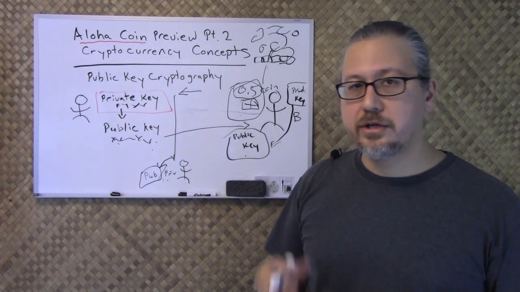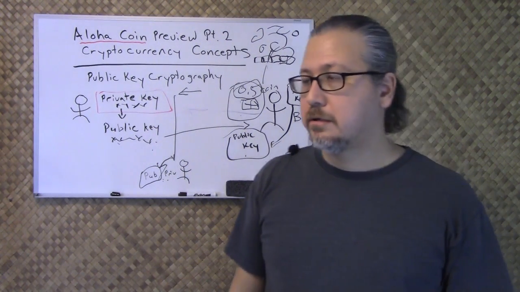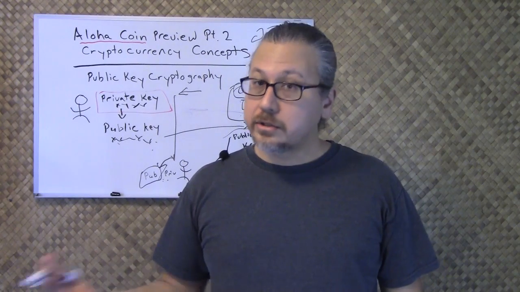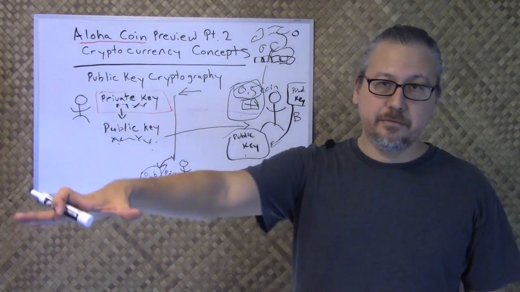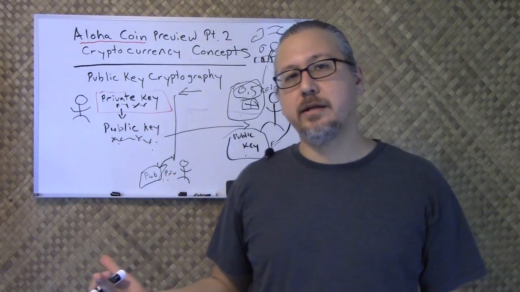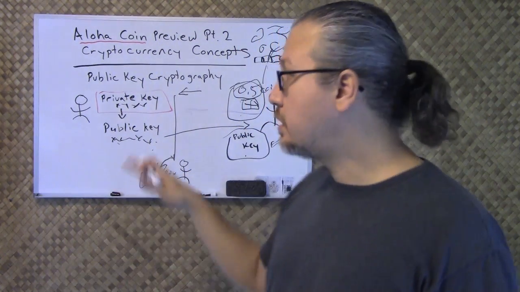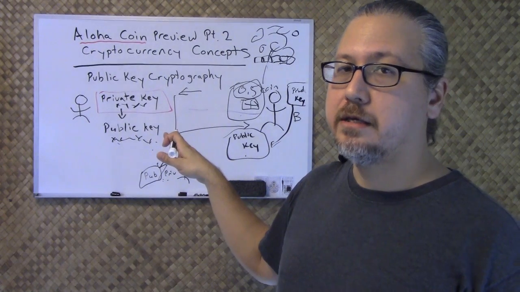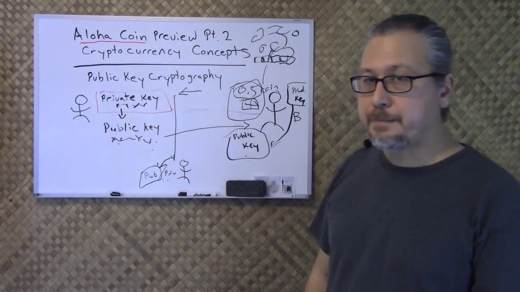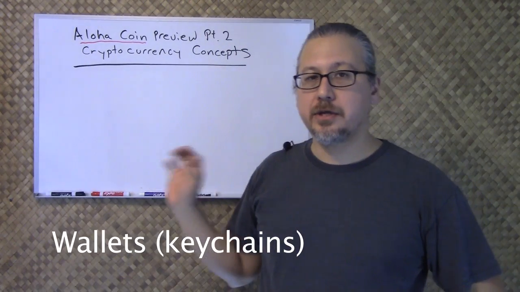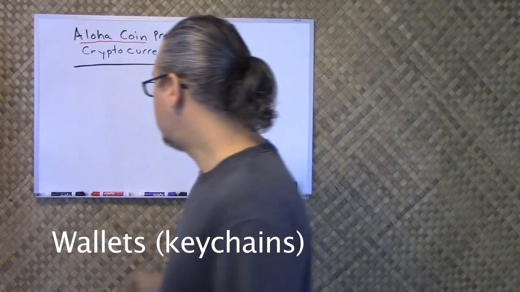Just like I tell my son, you go out to the store, don't take all your money in your wallet. Just leave most of it at home and just take what you're going to spend. So those kind of things will still apply in the cryptocurrency situation. So I'm going to get into that a little bit too. Okay, I'm going to talk about something called a wallet. Okay.